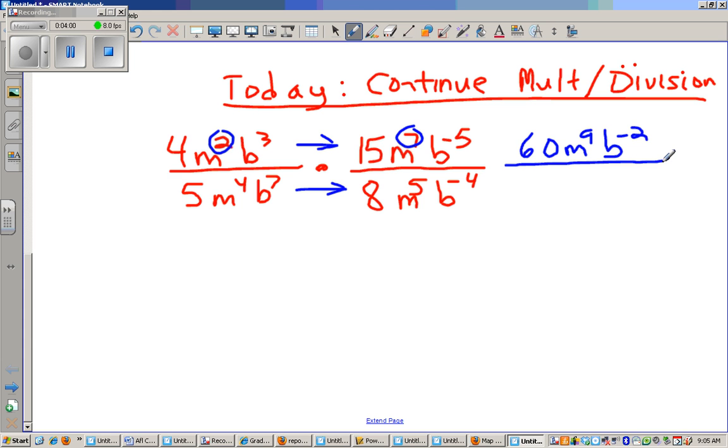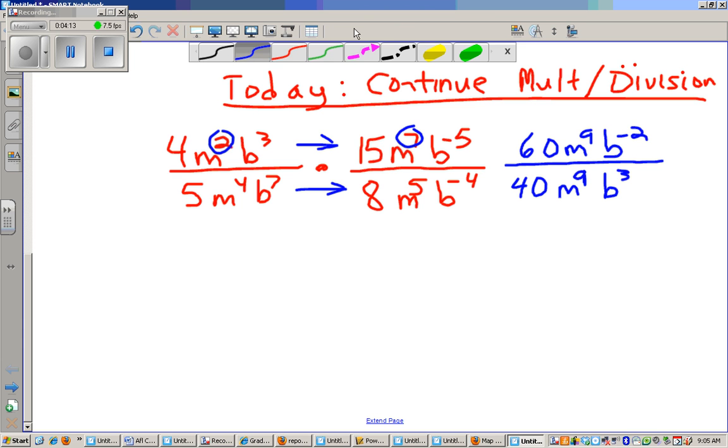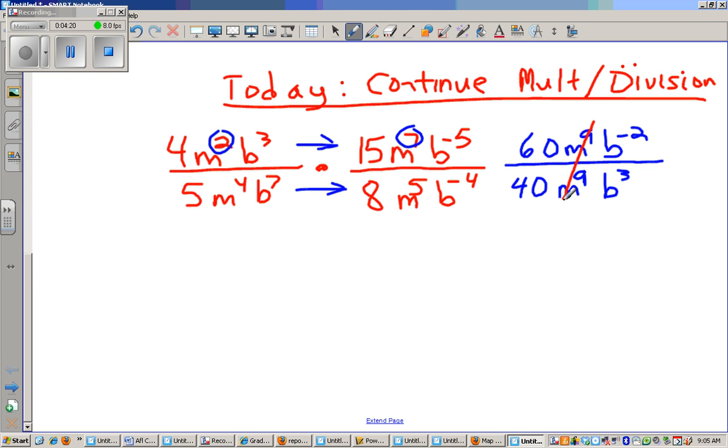And then on the bottom we've got 40, m to the 9, b to the 3. So 60 over 40 actually reduces. So now we've done the multiplication. Now we're reducing. You can see the m to the 9 over the m to the 9 cancel each other out. We've got 60 over 40, which reduces to actually 6 over 4, which reduces to 3 over 2. So the 3 is on top and the 2 is on the bottom.